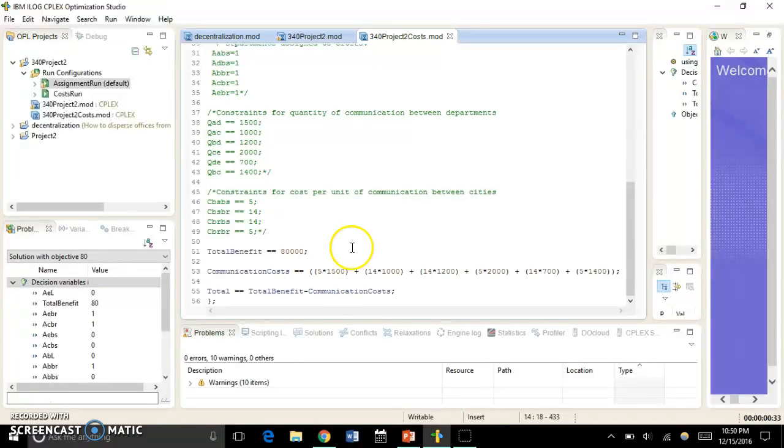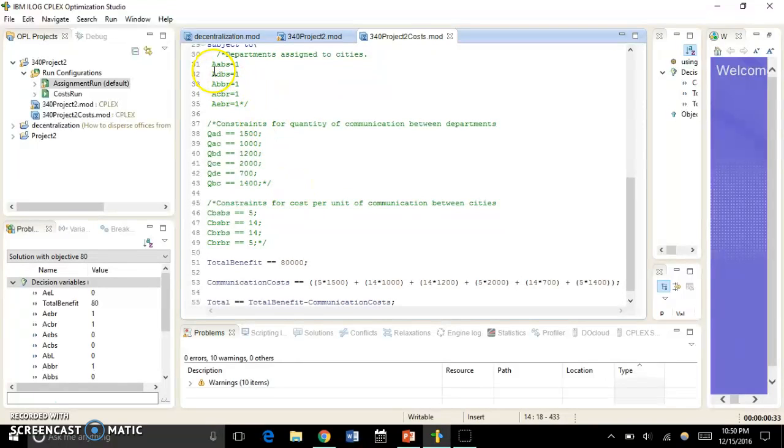And okay, so what this means right here is this is referring to Department A being assigned to Bristol and Department D being assigned to Bristol. So these two departments, both in Bristol, have a communications cost associated with them.